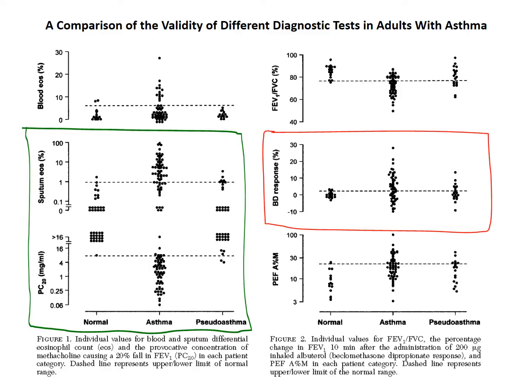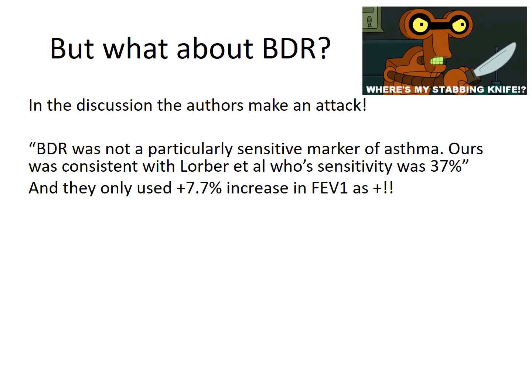What about the conclusion of what this means? In the discussion, the authors of this paper go on the attack. They say the bronchodilator response was not a particularly sensitive marker of asthma, and theirs was consistent with another author whose sensitivity was 37%, and they used only an 8% increase in FEV1 as being a positive response.